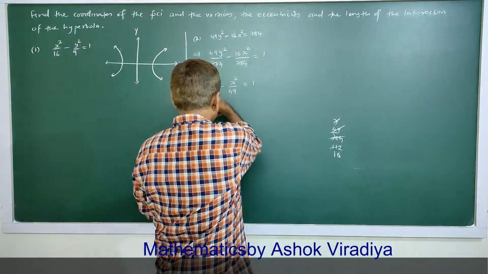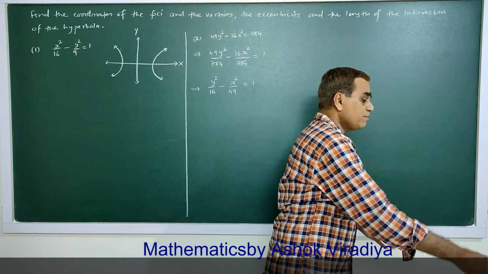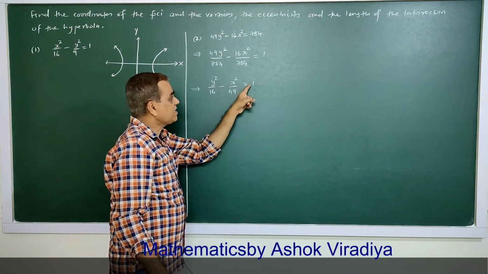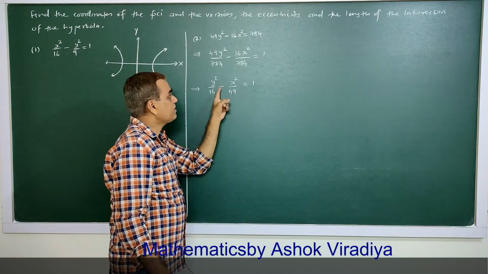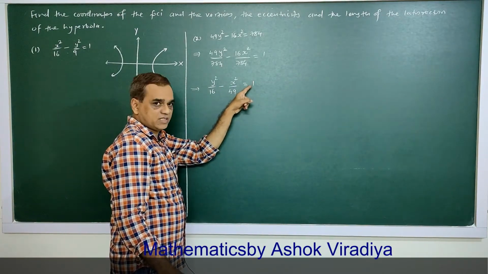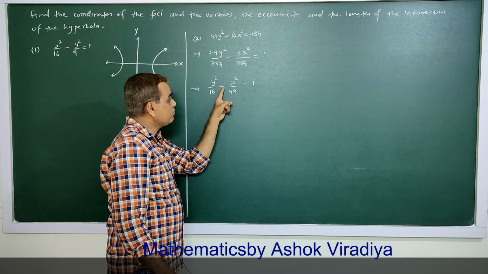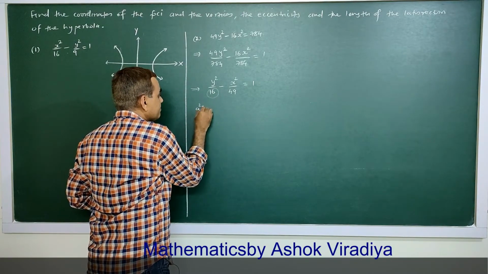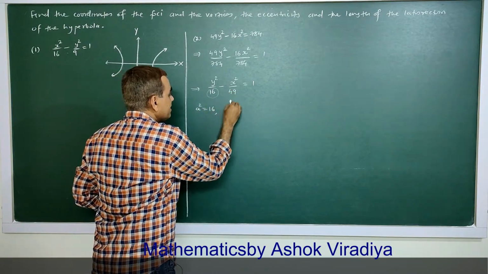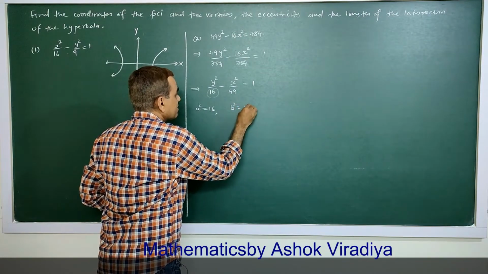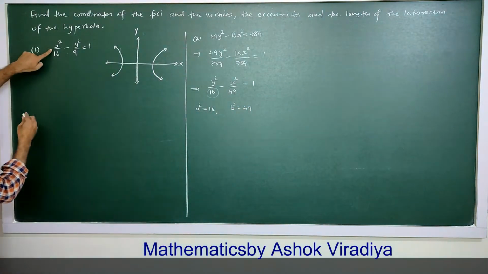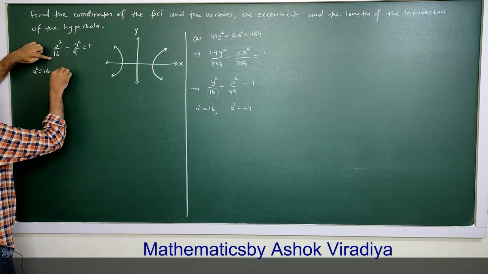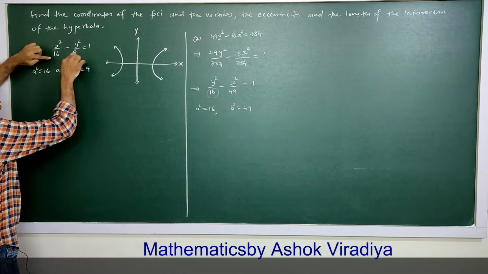In this equation, the y square term is positive, and the minus sign is with x square. The right side must be 1, with plus 1. So x square is negative, y square is positive. So this number we take as a square, and this number we take as b square. So 16 is a square and 9 is b square.